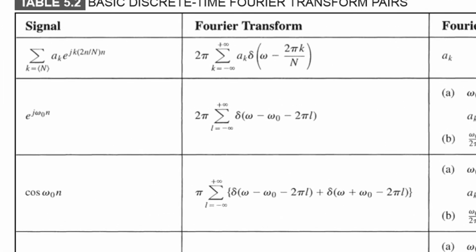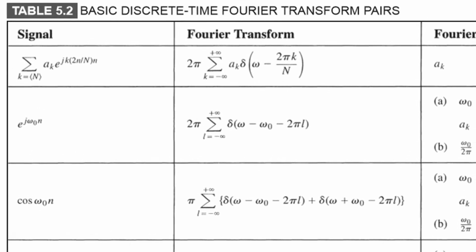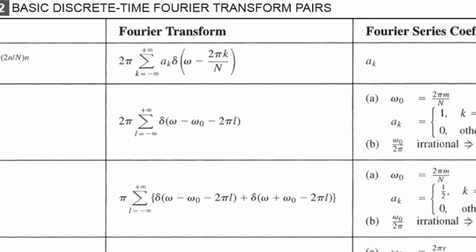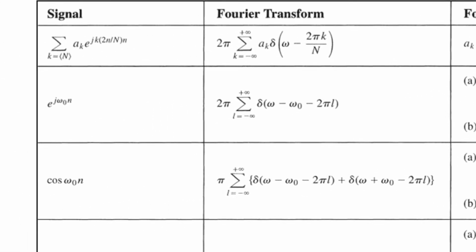And also the special case of this is just one frequency, e to the j omega naught n. I guess not quite the special case, because omega naught can be irrational.